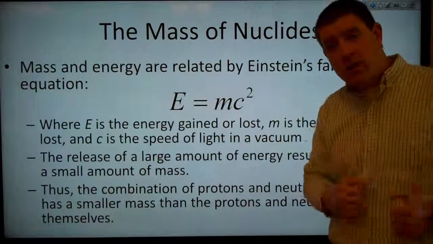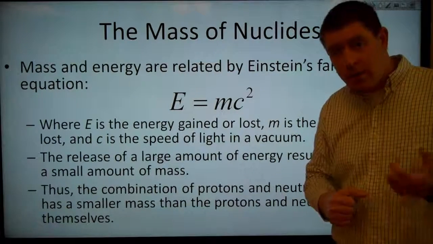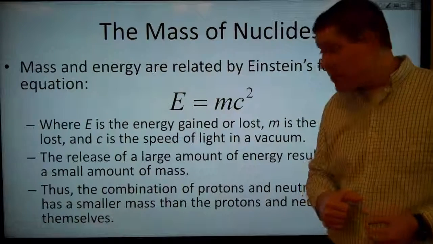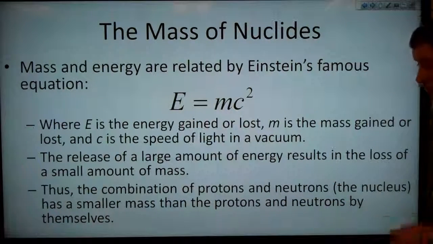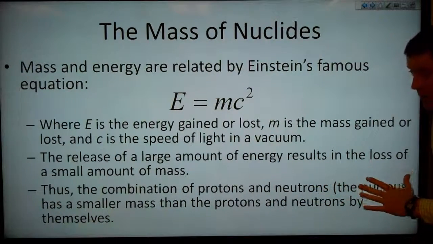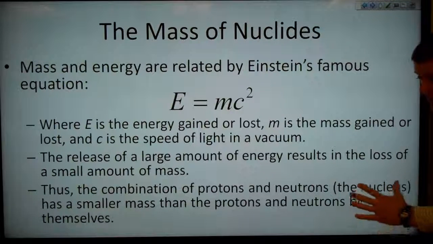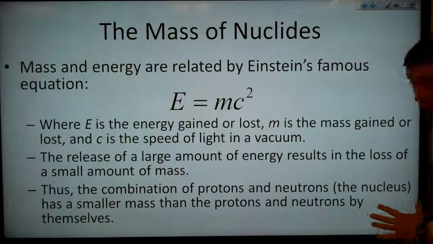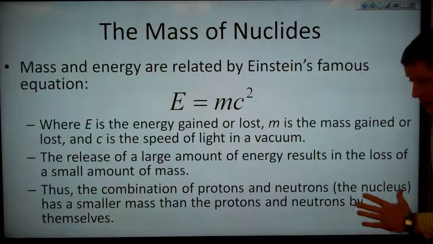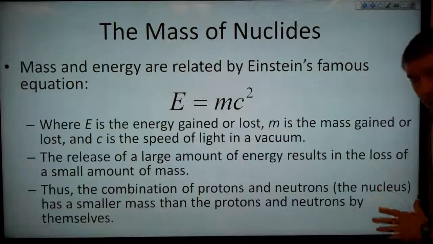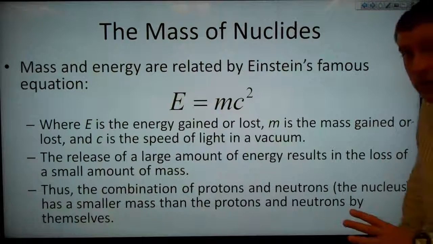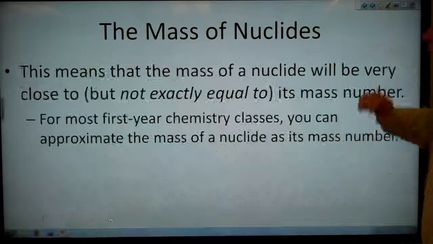That means some mass must be lost, and some mass is leaving the atom in the form of energy. So release of a large amount of energy results in the loss of a very small amount of mass. This means that the nucleus has a smaller mass than the protons and neutrons by themselves. It's not a whole lot, but it's there, and we can measure it.